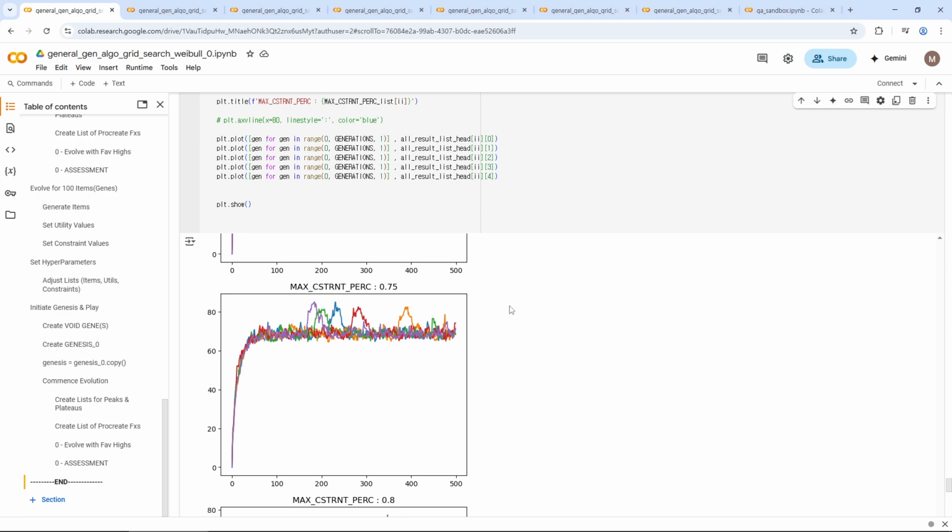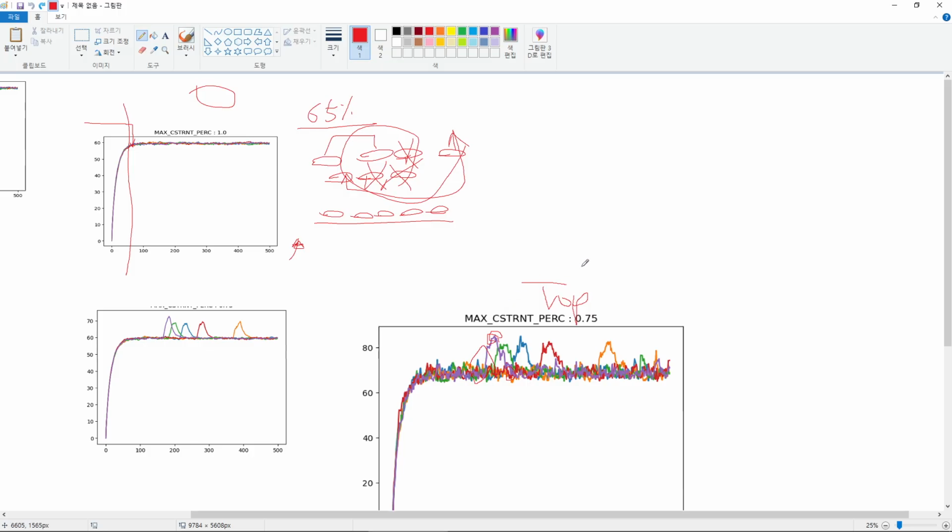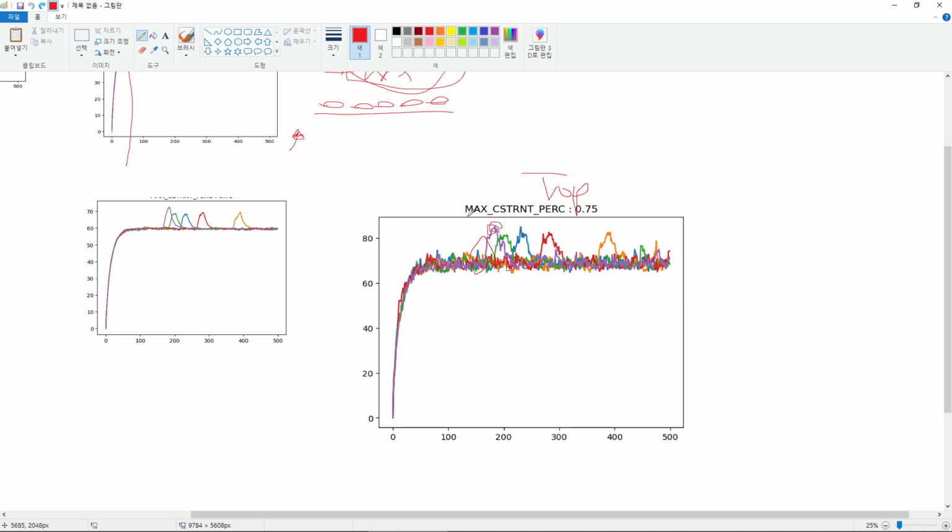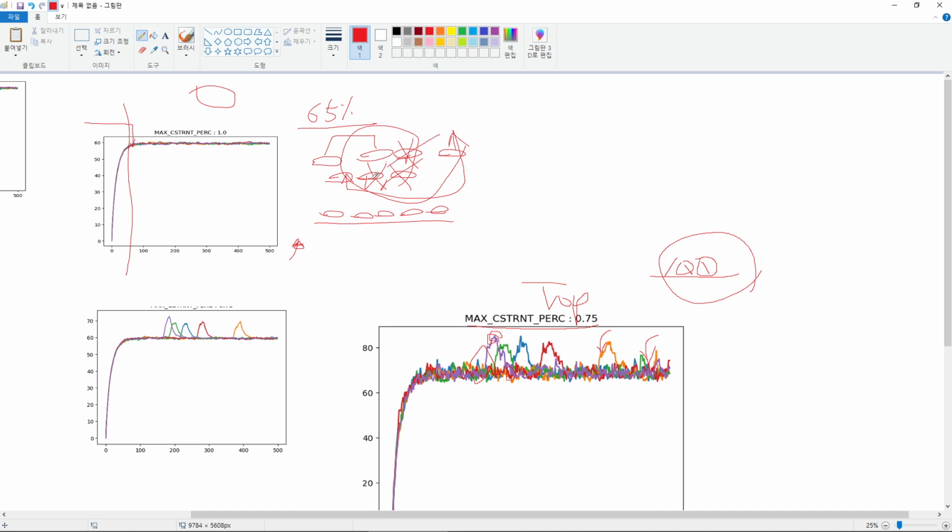So when or if the max constraint percentage is high, 100%, well, so far the way I'm doing this does not ensure the introduction of these new ones, because I'm not actually striking anything out.